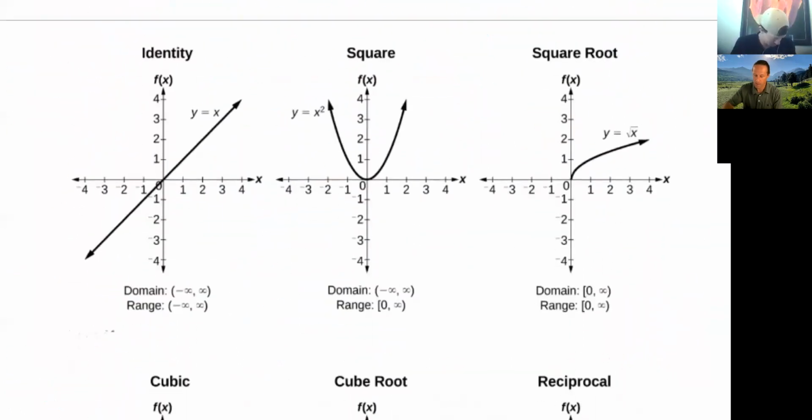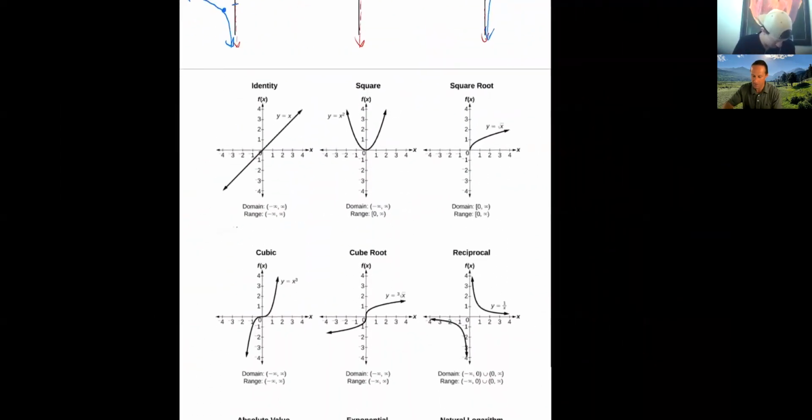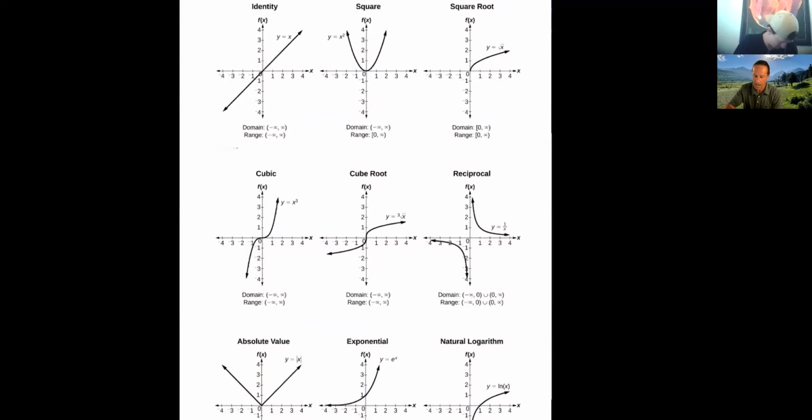Okay, so I wanted to have these all for you nice and simply in your notes. And I even added a few others. I put in a cube root function. So instead of the cube function being like this, you can see the cube root goes the other direction. Still increasing, like this one.